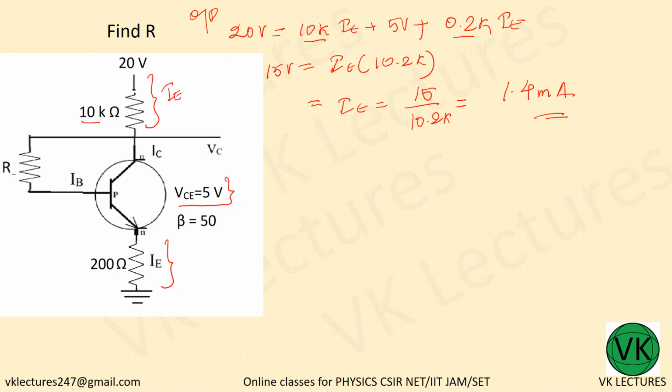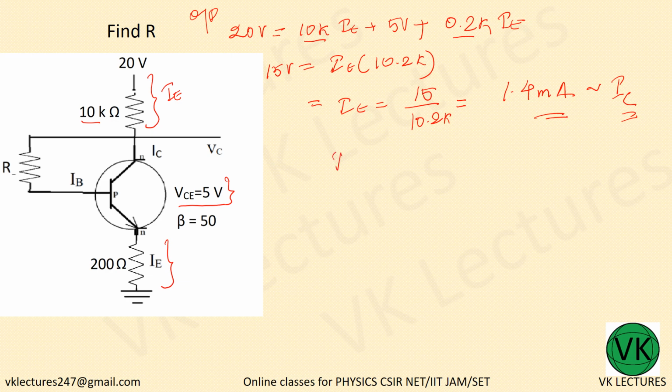So IE is given. Okay, that you can take approximately as IC, or if you want IB, that also can be found. Right, so IC you can write approximately equal to 1.4.